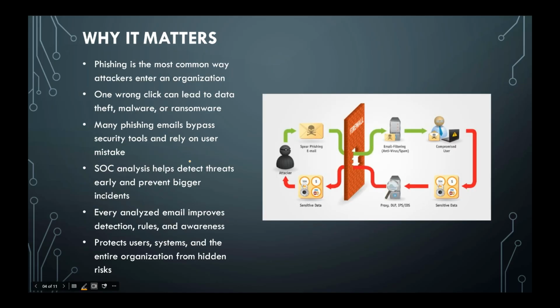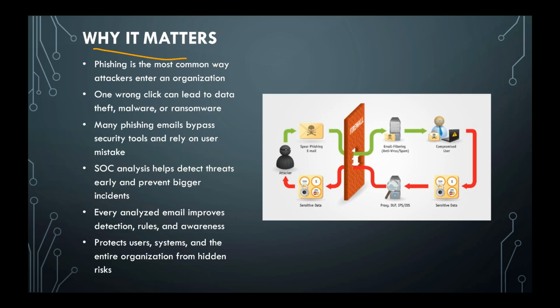So why it matters. Why is phishing such a big deal? Well, for starters, phishing is the number one way attackers get inside organizations. Yup, even with firewalls, antivirus, and fancy tools, one wrong click can cause a total mess.